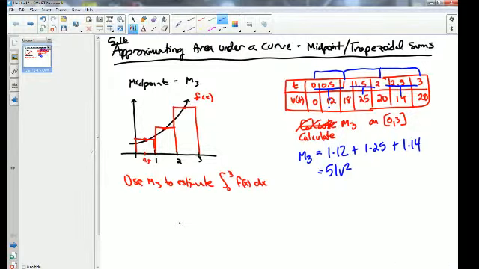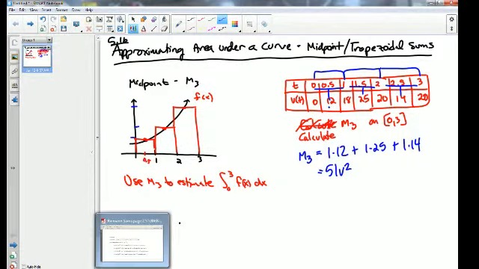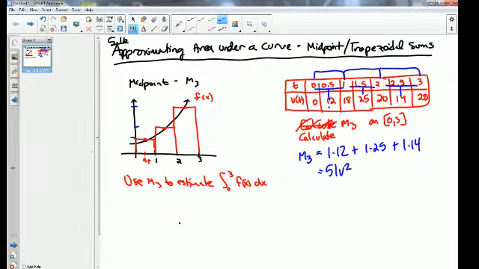I've never seen a midpoint on the AP exam not be a table like this. They could do this if they gave you the values here, but I've just never seen that. So we'll focus here.